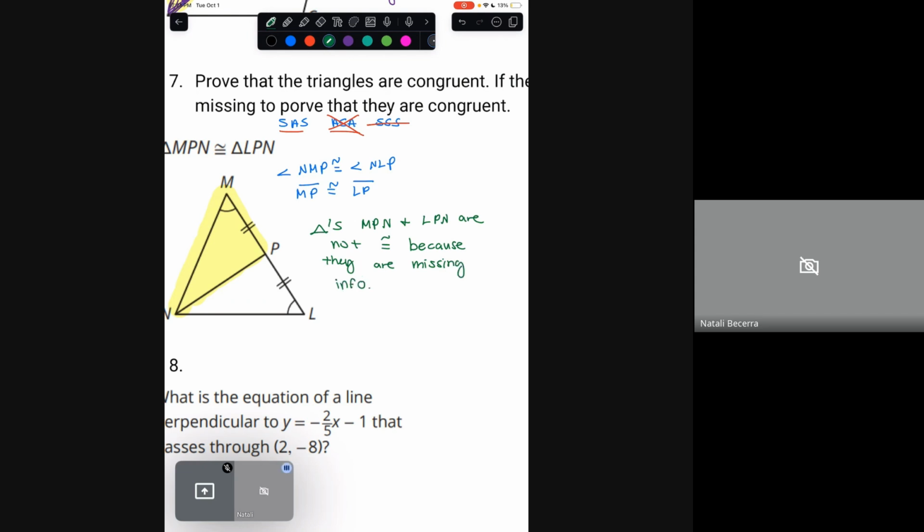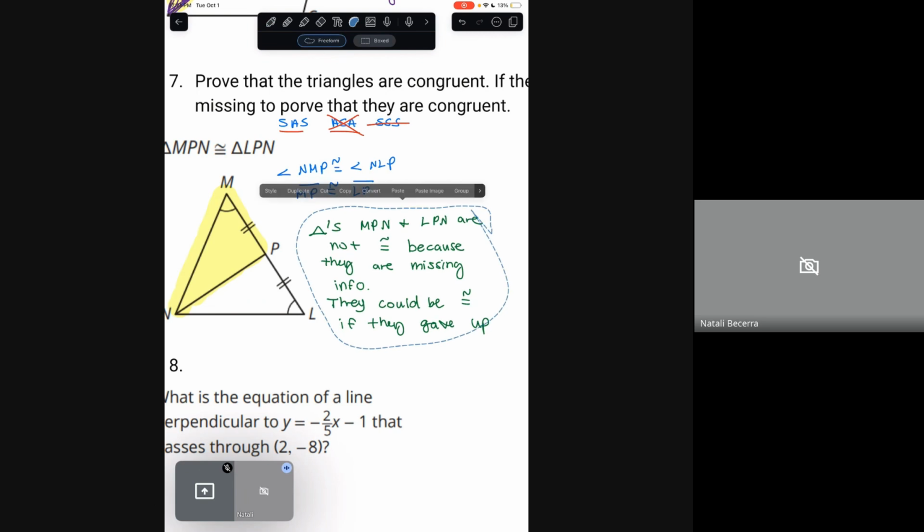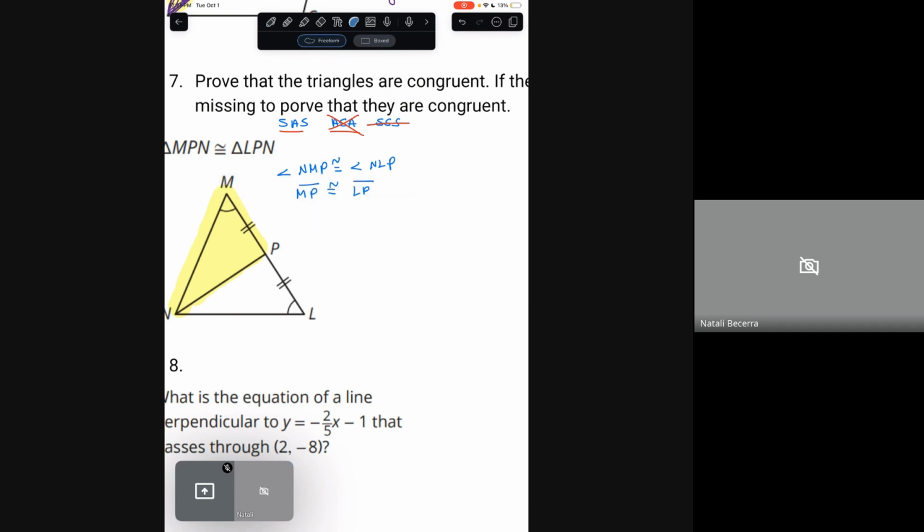Okay, so how could it be side, angle, side? They could be congruent if they gave us. Wait, actually, hold on. My bad, guys. I'm sorry. They would be congruent because they share a side.